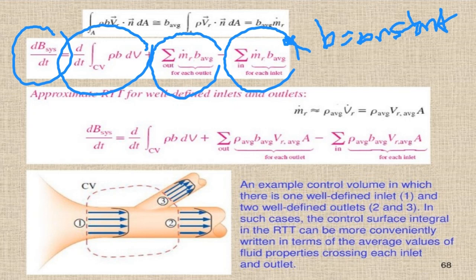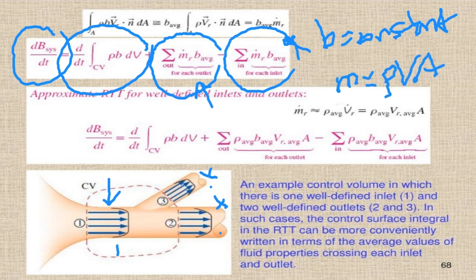If you have, for instance, one inlet and two exits, then this will be the inlet part. You have only one, but at the exit you have two exits, so you need to take the summations of it. You can also write the m dot as rho VA, of course. When you do it, you have the expansion of m dot as rho VA.